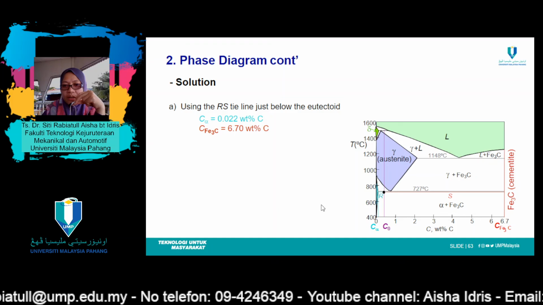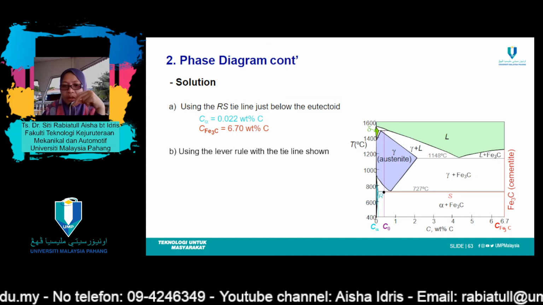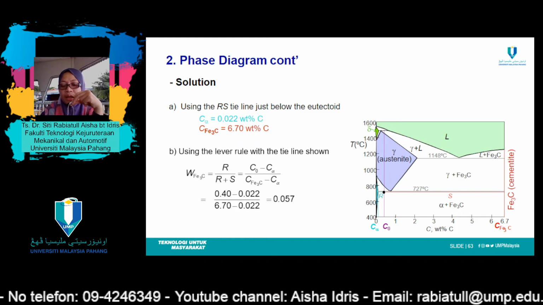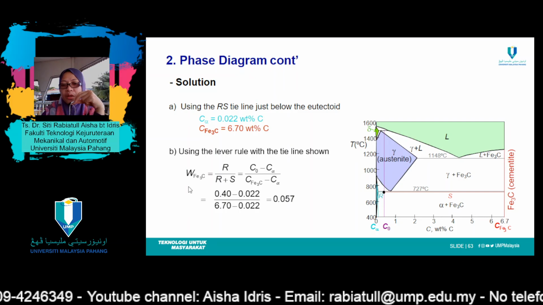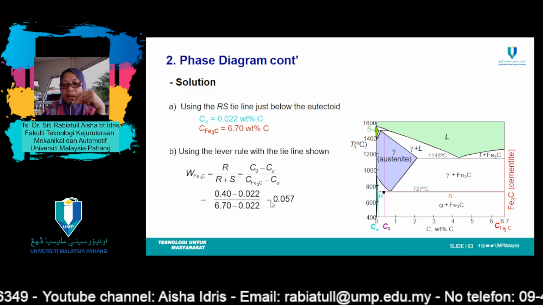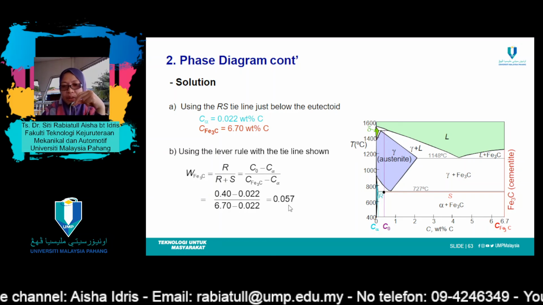So that one is for question A. Next, question B: using the lever rule formula, you may find the weight fraction for cementite equals 5.7%.